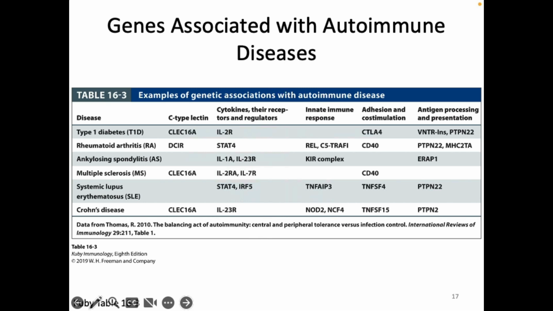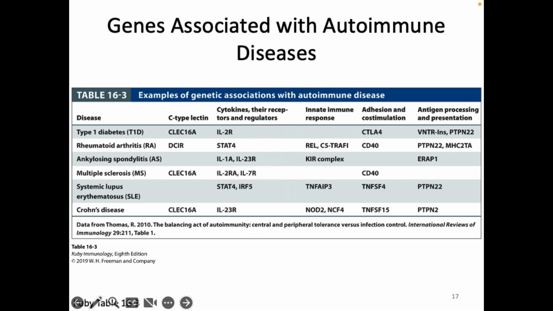These can be part of autoimmune disease. There's another set of genes that are not really shown here that are also potentially involved in some autoimmune diseases, though this is also a little bit more of an allergy thing.